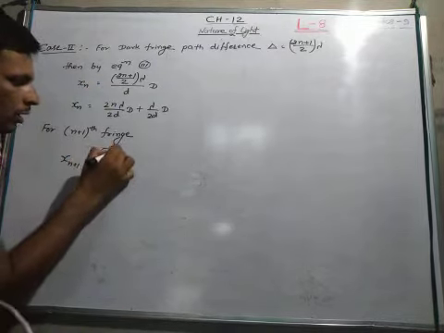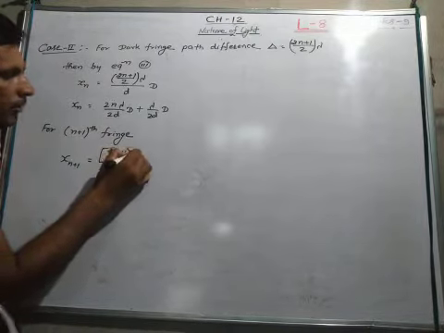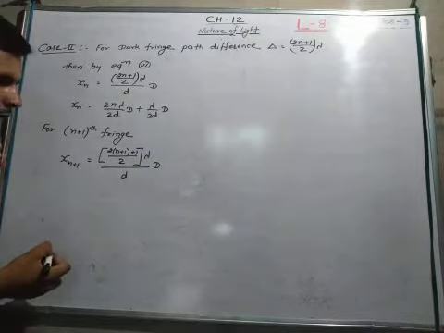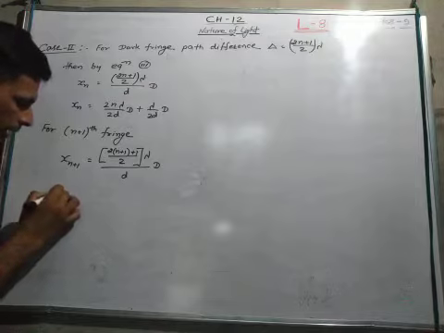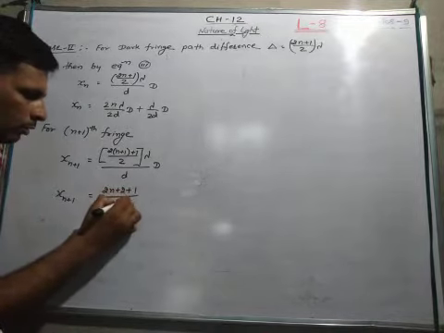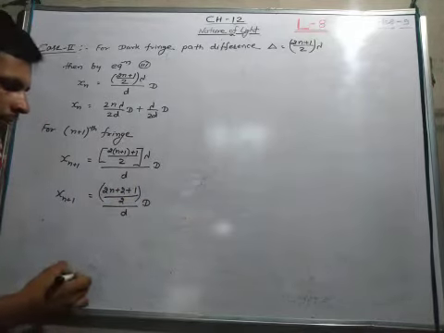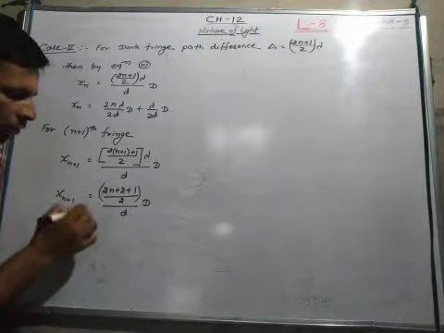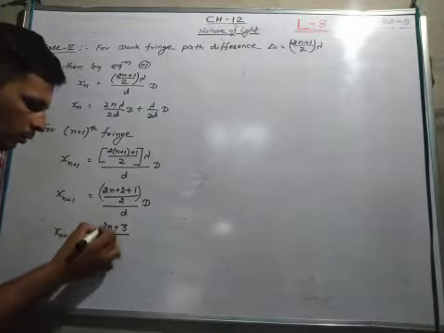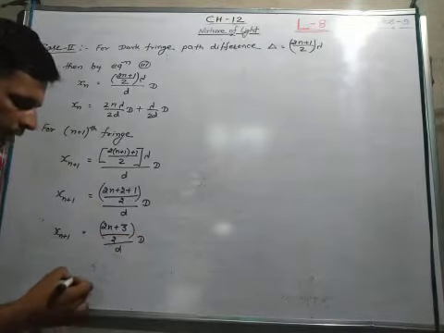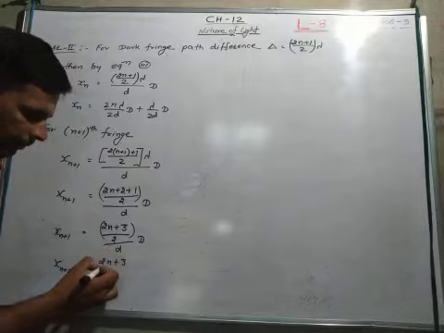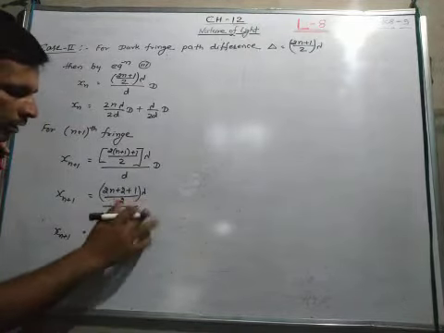Then 2(n plus 1) plus 1 upon 2 into lambda upon d into capital D. Now we remove the internal bracket, then x n plus 1 is equal to (2n plus 2 plus 1) upon 2 upon d into capital D. Then we remove the outer bracket, then 2n plus 3, and lambda also here.